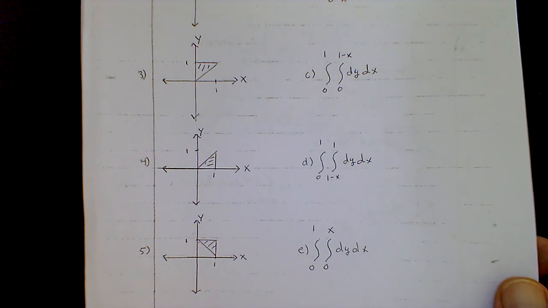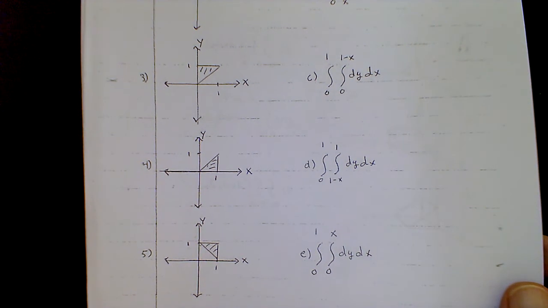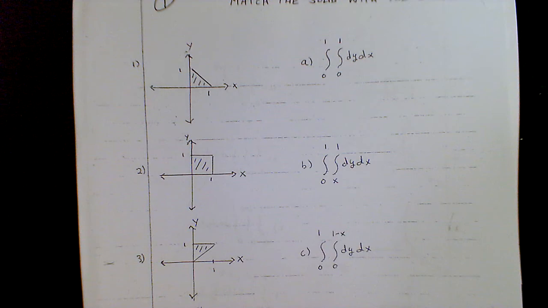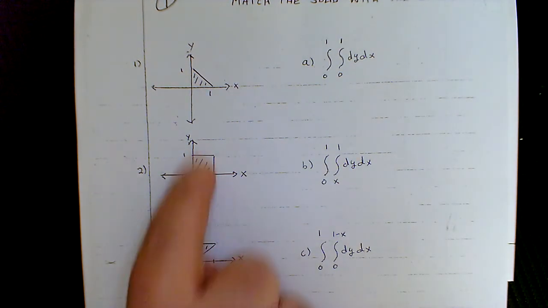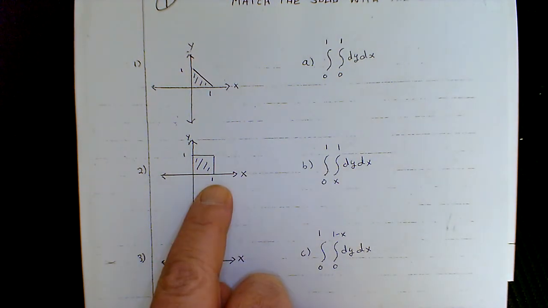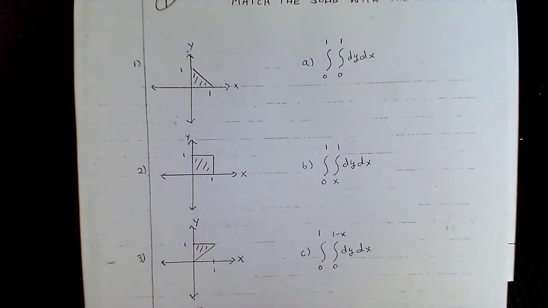So you want to tell me which integral goes with which sketch. So, you know, here's a real easy one. 0 to 1, 0 to 1 in the x and y. Looks like number 2 is a immediately, right? But you could finish up the rest.